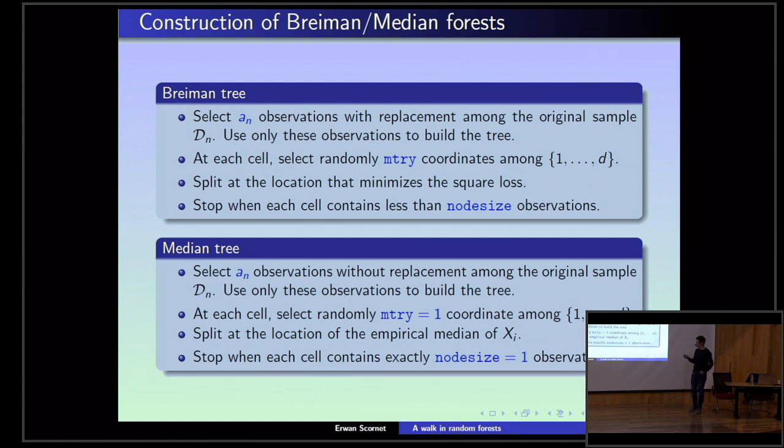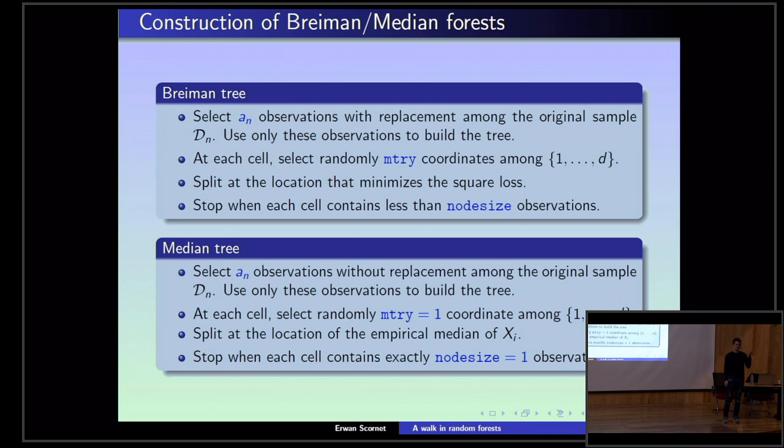Only those observations are going to be used to build a tree. Then to build a tree, here's a strong difference. At each step, in each cell, I will select randomly a variable, just one variable, and I will split, not in order to maximize some criterion which depends on y and x.